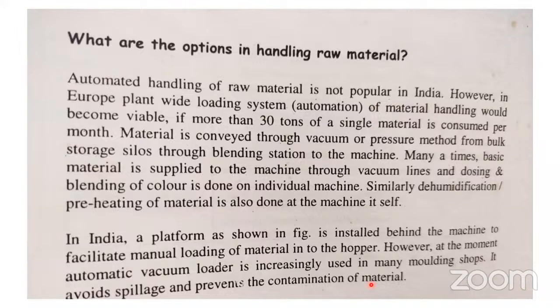Nowadays, we are using these two types of machines, a hot air dryer and a dehumidifier, in many companies. But why are we preheating the material, friend? Because of the moisture. Second thing, if you do not remove that, then there will be problems in the article.